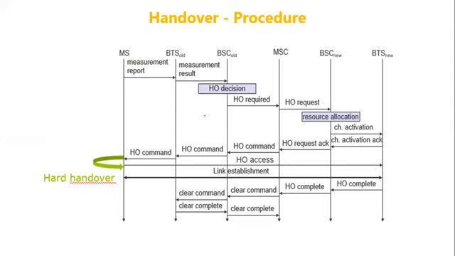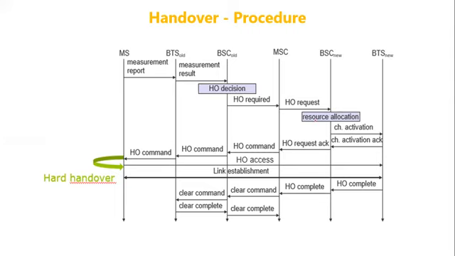Now BSC old will decide whether handover should be done or not. If handover is required, then BSC will send a HO required, that is handover required, to the MSC, and MSC will in turn send a request to BSC new.